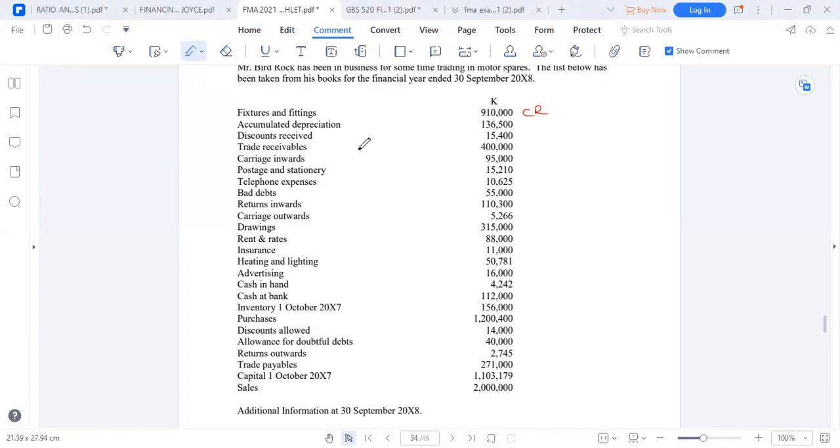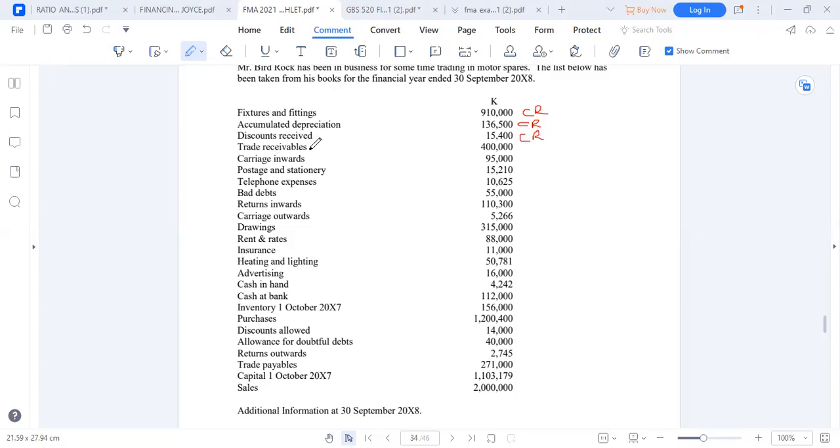Accumulated depreciation? Credit. Is it right? Discount received? It's credit because that's like income. Yes, it's credit. It's a gain, it's a revenue.